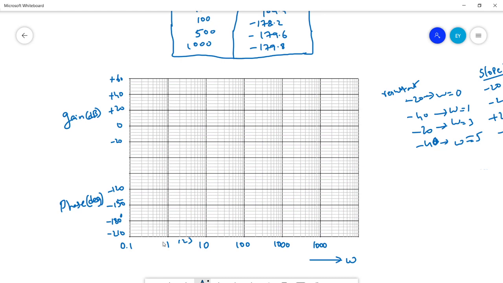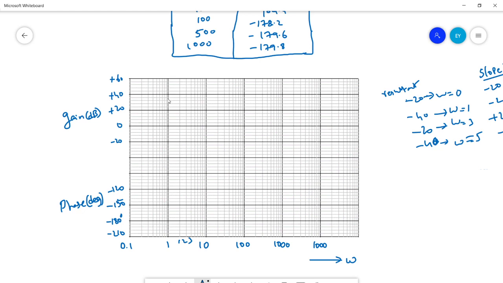So the difference between each dark line is 20 dB. Each dark line is divided into 5 parts: 1, 2, 3, 4, 5. So 20 by 5 is 4, so each thin line comprises 4 dB. Here to here is 4 dB, 4 plus 4 is 8, 8 plus 4 is 12, 12 plus 4 is 16, 16 plus 4 is 20 here.